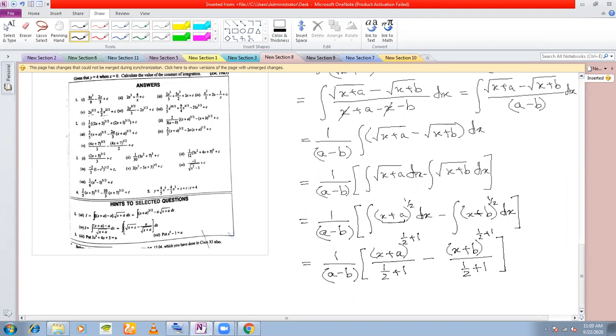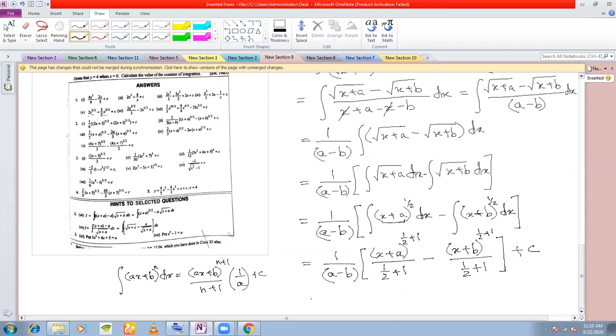And this is x plus a, so the derivative of x plus a is simply 1. So you actually divide by 1, which we don't write. Okay. Remember I told you this. Integration of ax plus b to the power of n dx is ax plus b to the power of n plus 1 by n plus 1. Not only that, but also divided by the derivative of ax plus b, which is a. Remember this.